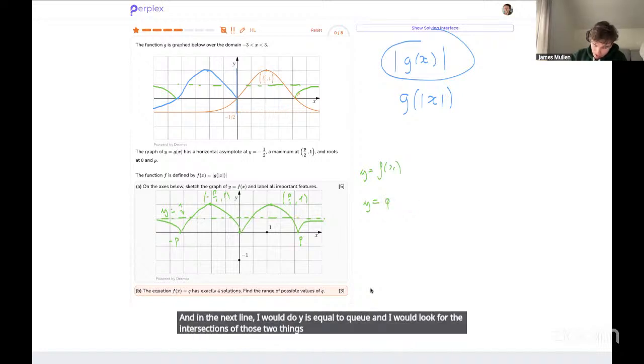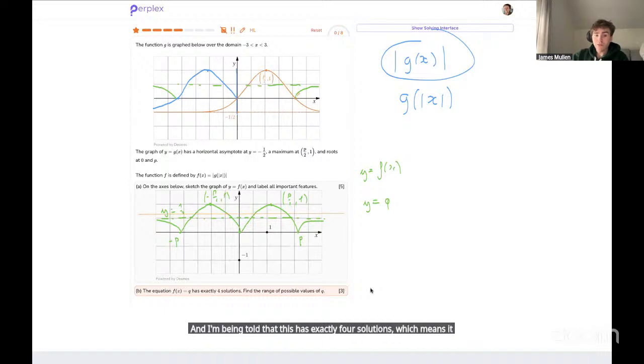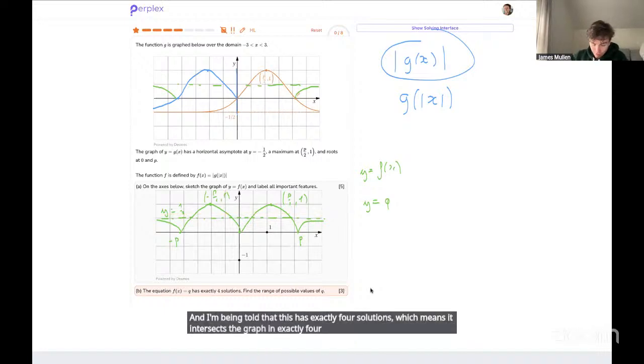Well, y is equal to q is a horizontal line, so it's going to correspond to the intersections of something like this. Okay, and I'm being told that this has exactly 4 solutions, which means it intersects the graph in exactly 4 places. So I'm going to draw a few different lines, and we're going to count how many solutions that gives.